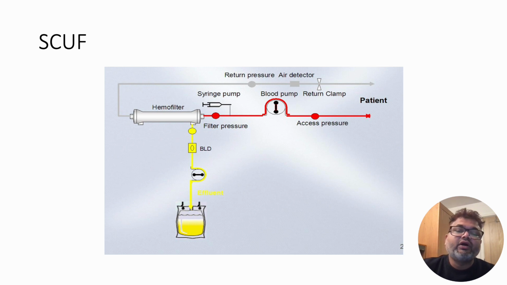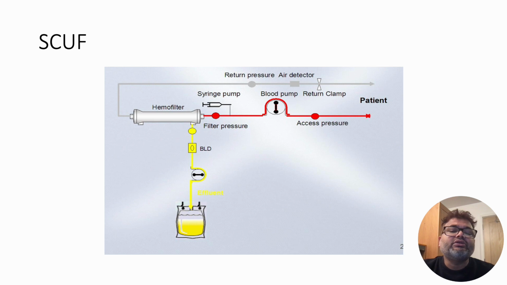You just need to pump the blood through the filter with a pressure, and this will squeeze the blood and lead to removal of fluid or solvent, or you can say plasma, from the body. It's not plasma actually, it's mostly water with a small amount of electrolytes.